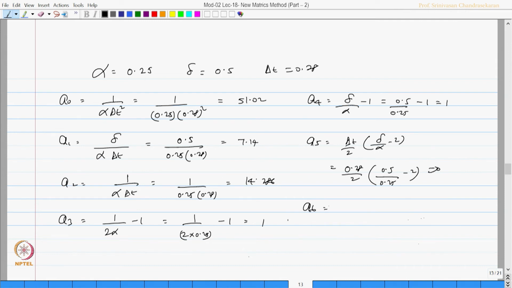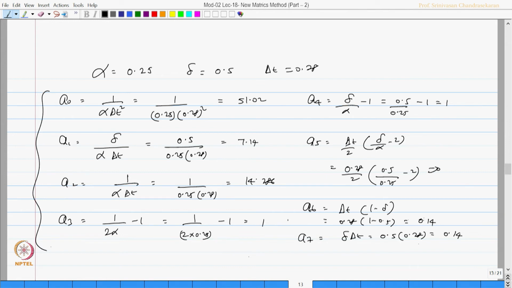A 6 is delta t of 1 minus del, which is 0.28 of 1 minus 0.5, which is 0.14, and A 7 is del delta t, which is 0.5 into 0.28, which is 0.14. So, I got all the integration constants required for my numerical scheme.